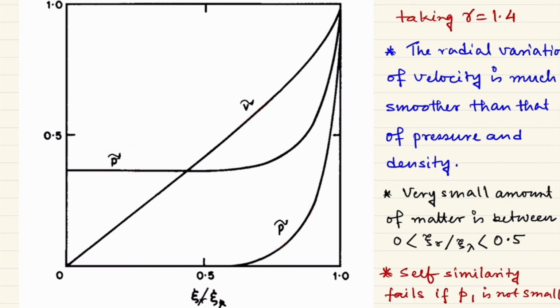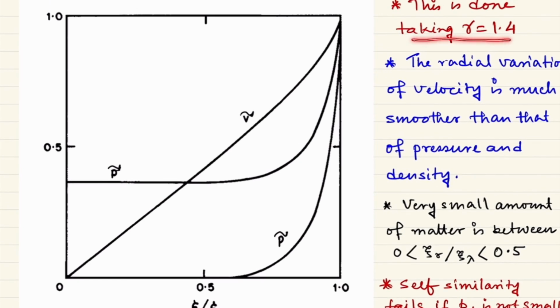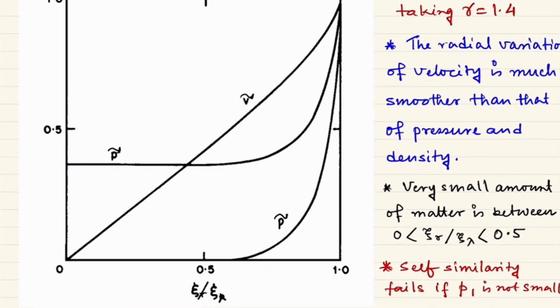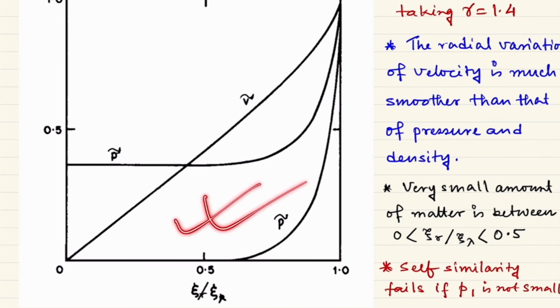This one is done for gamma equal to 1 by 4. Okay, which is not a very practical case for astrophysics, however, but this is a very practical case for an atom bomb, because this was done for air. Okay, but this type of behavior is very much similar for that of a supernova.